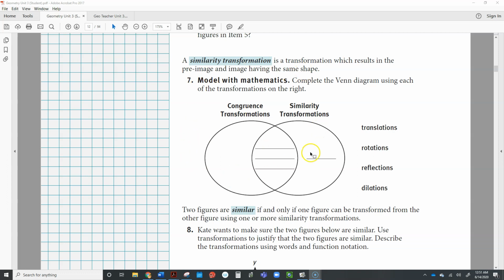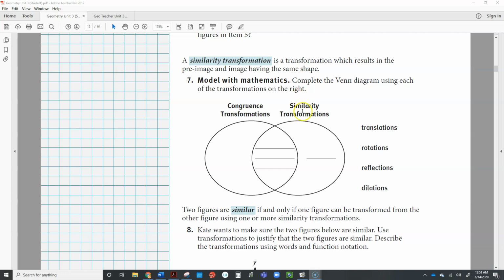So they want us to complete the Venn diagram using each of the transformations on the right. They want to know which three of these transformations cause congruence, and those go in here, and then which ones cause similarity. Well, all four of these are in the similarity, because if it's a congruence, it has a similarity ratio of 1 to 1.